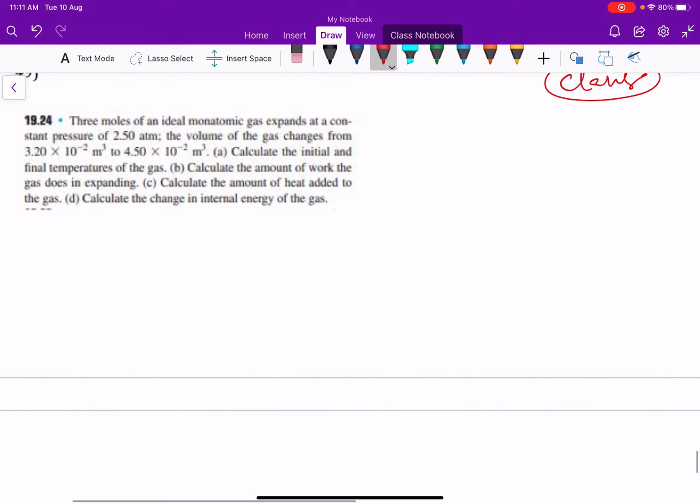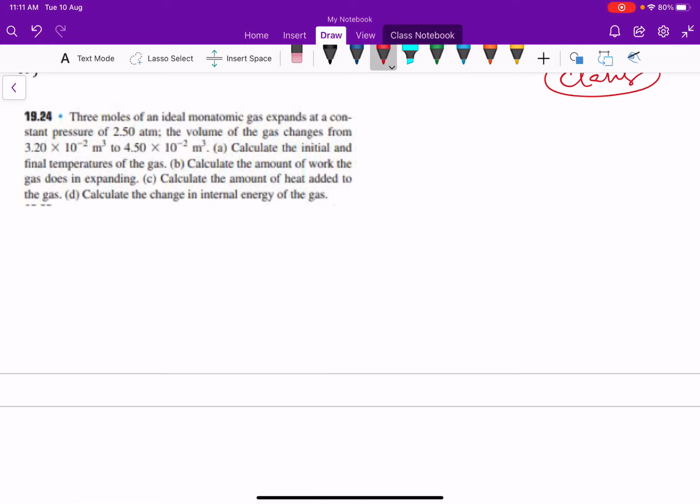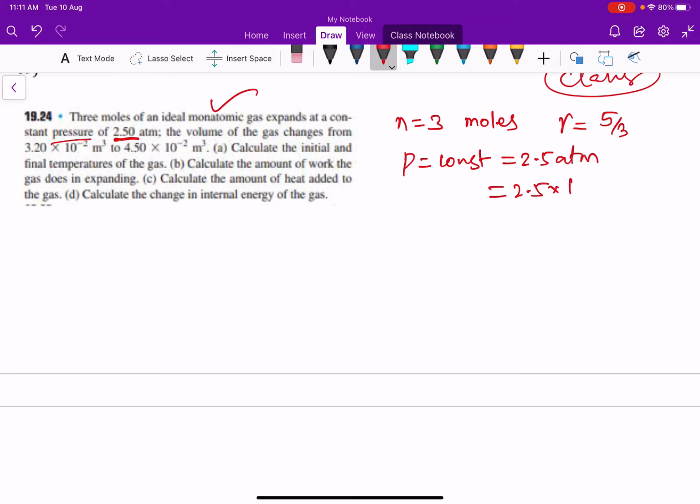And now we come to the 49th question. 3 moles of an ideal monoatomic gas expands at a constant pressure of 2.50 atmosphere. The number of moles is 3, and it is a monoatomic gas, so gamma is 5/3. It expands at constant pressure P, which is 2.5 atmosphere, that is 2.5 into 1.013 into 10 to the power of 5 pascals.